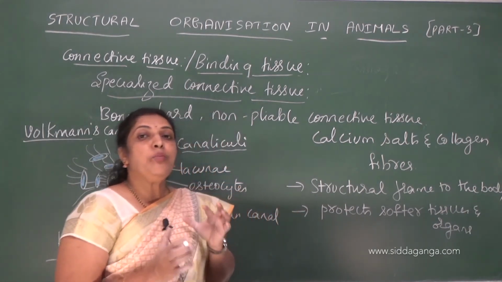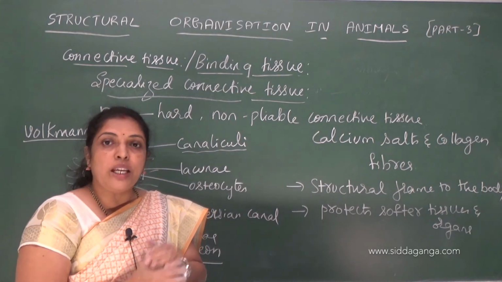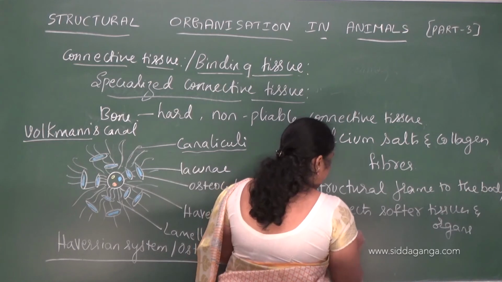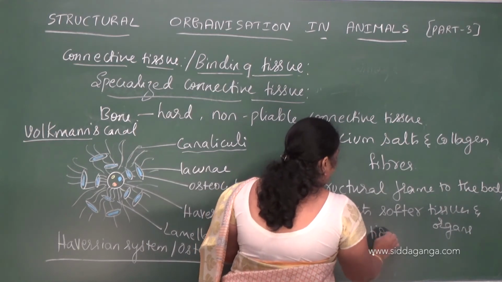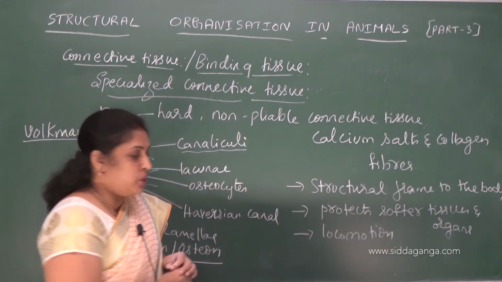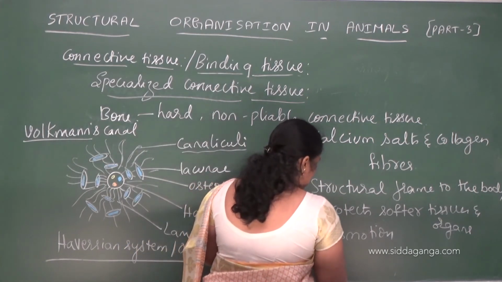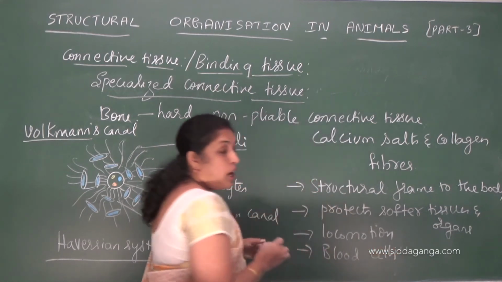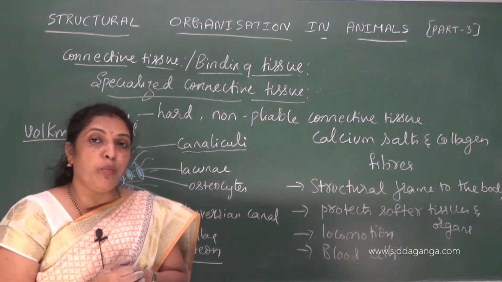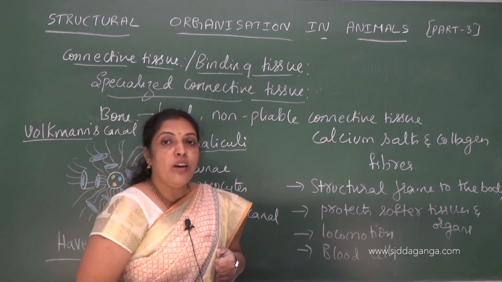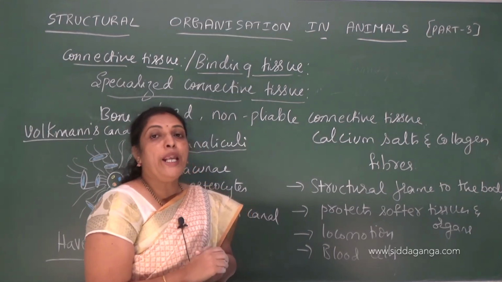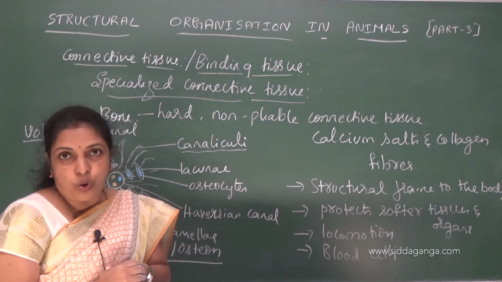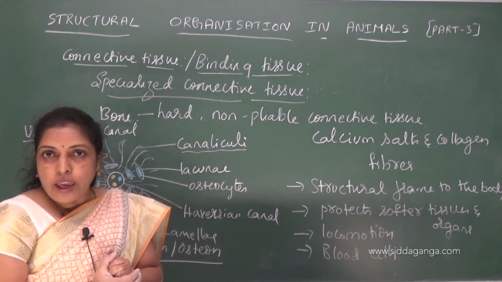When skeletal muscles are attached to bones, it helps in locomotion. And some bone marrows are able to produce blood cells, like in the pelvic bone. And some bones are also weight bearing bones. The thigh bone is the longest bone in our body and it bears weight also.